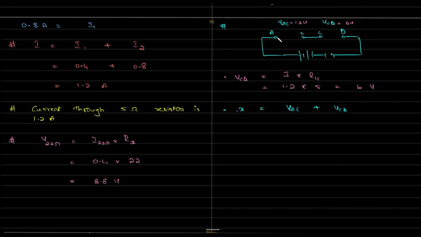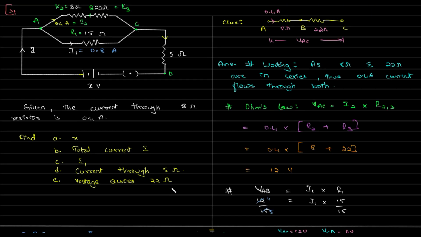Whenever you have series connected resistance, the current through them will be the same, and the voltage will be such that the sum of it will be equal to the voltage at the ends. And at the ends, we have a connection directly to the battery. So that's what we want to find. So this is 12. This is 6. So this is 18 volt. Right? So now pause and have a look at the answer.